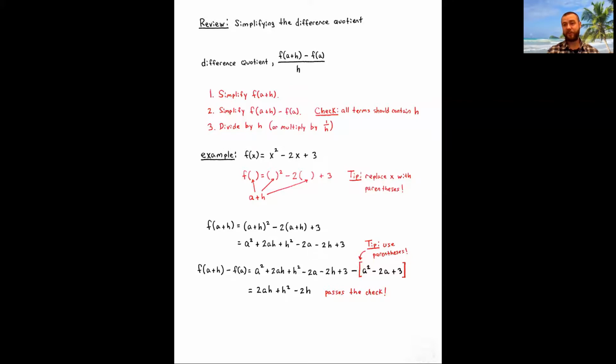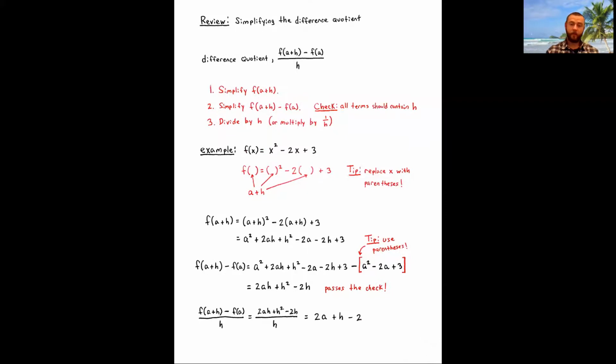To make the connection to calculus, we saw indeterminate forms not too long ago. The reason we want every term to have a factor of h in it, the consistency check, is so that when we divide by h, we cancel the indeterminate form. So if we divide by h, we get this end result: 2a plus h minus 2.